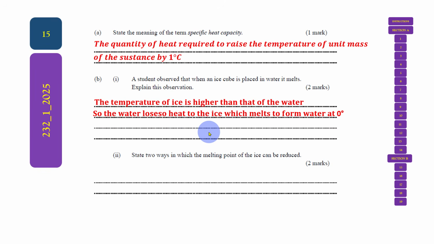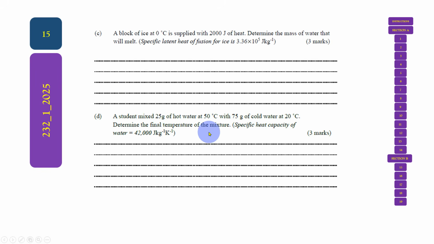Let's go over to part C of question 15. In part C, we are given that a block of ice at 0 degrees Celsius is supplied with 2000 joules of heat. Determine the mass of the water that will melt. Okay, so we know the quantity of heat, we know the specific latent heat of fusion of ice, which is 3.36.